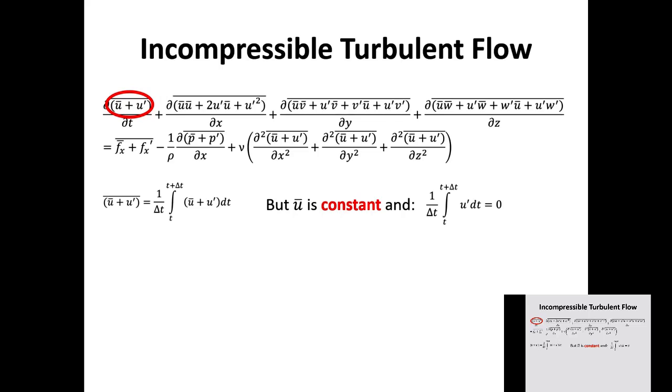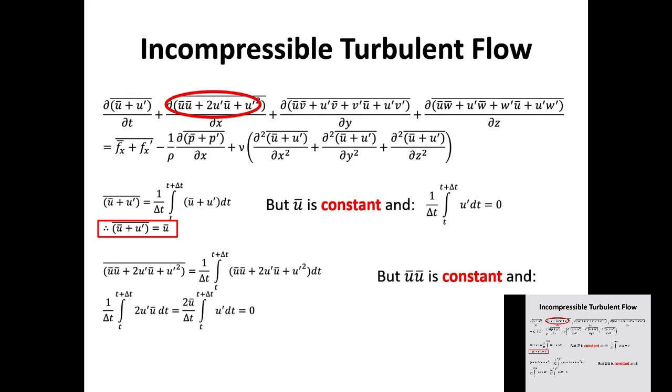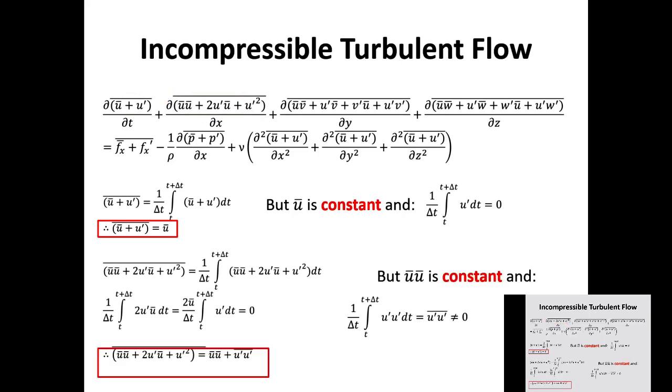But because u bar is constant, if you integrate u dash over time, that should be equal to 0. Therefore, you can get rid of some terms. So, for example, this one, if you average that one, you will end up with u prime.